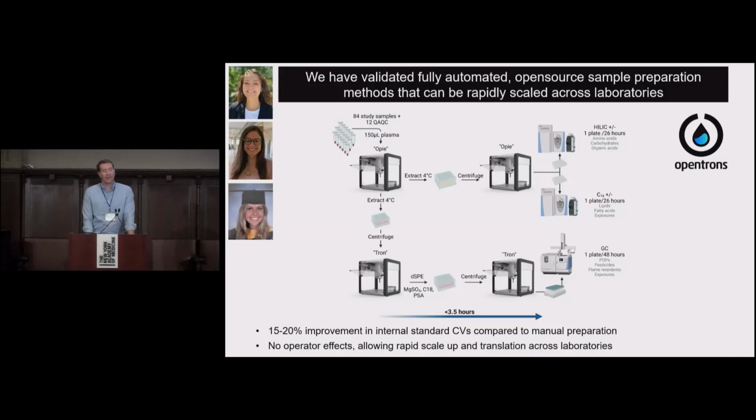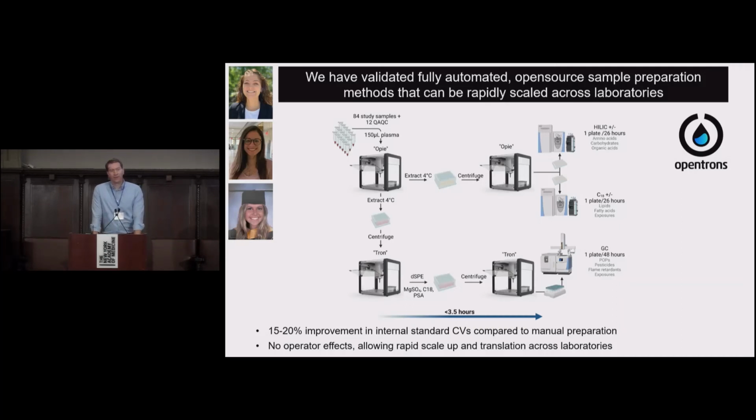And so that's what a lot of my team has focused on over the past 2 years: how can we develop fully automated open source methods that can be rapidly scaled across laboratories and provide robust approaches to the exposome. Brooklyn, Brismar, and Catherine, who are here in the audience, have spent a lot of time optimizing our automated sample prep methods that allow us to take one sample aliquot and prepare the plates and the necessary materials to run multiple assays on our samples for the exposome.